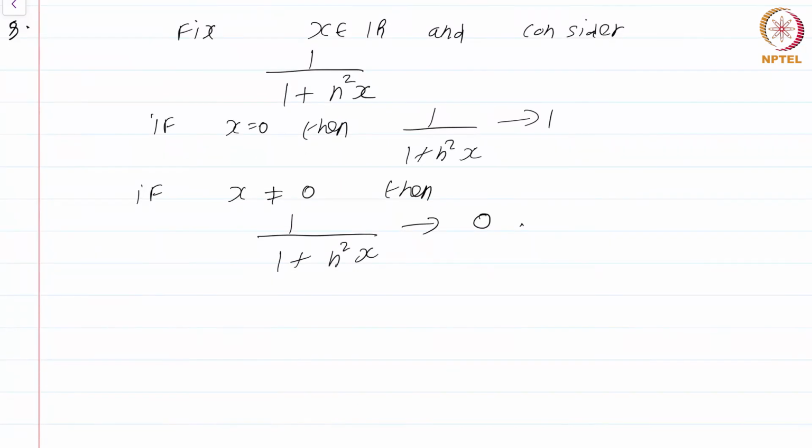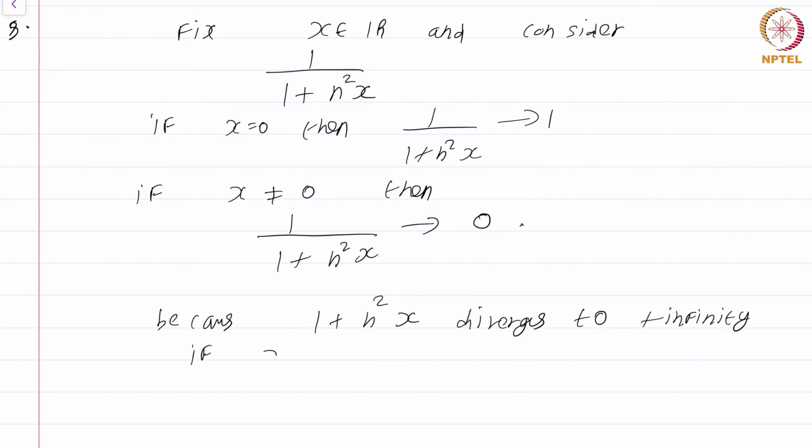Why is this the case? Well, because 1 + n^2 x diverges to plus infinity if x is greater than 0.